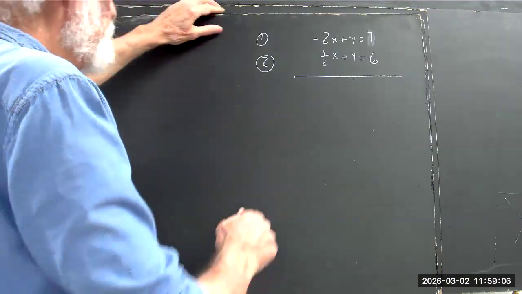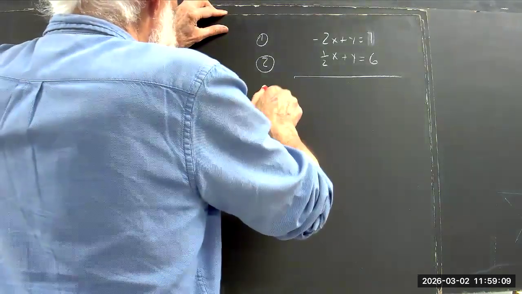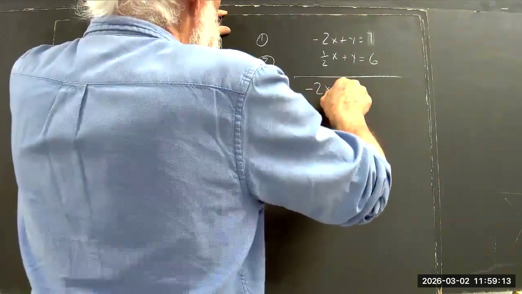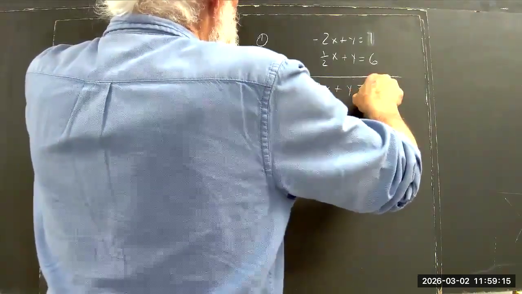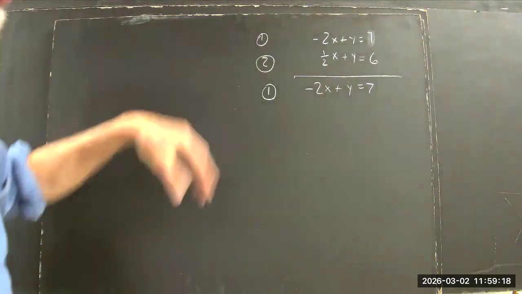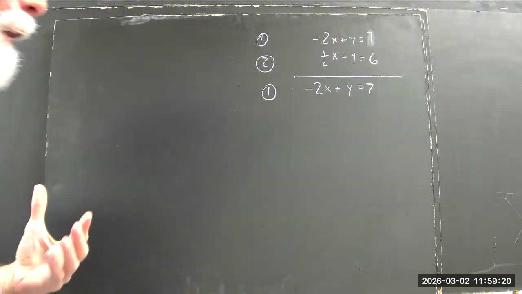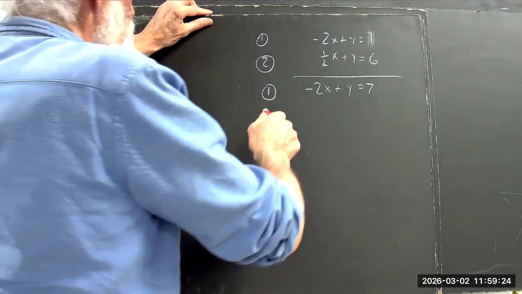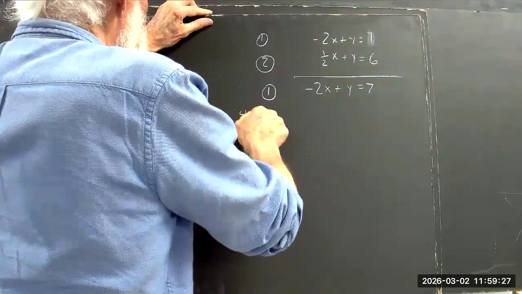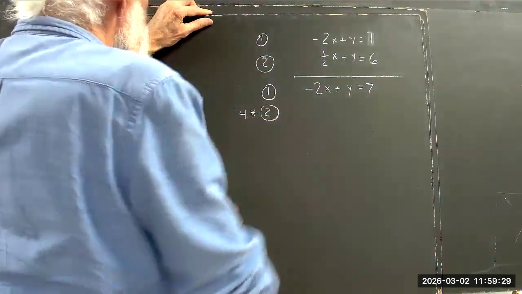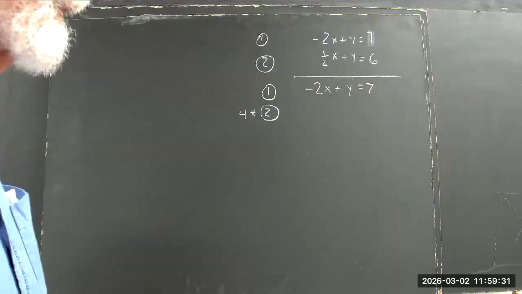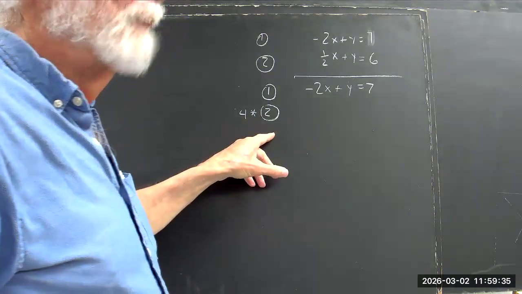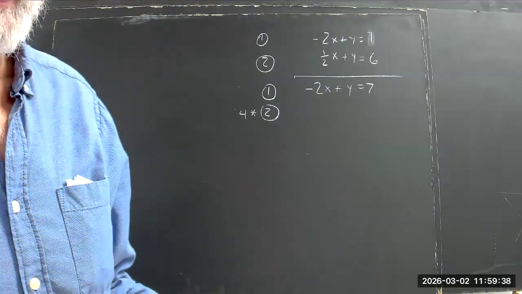I'm going to write the first equation again. I write negative 2x plus y equals 7. Not because I love writing out that equation, but you'll see how the form develops. I'm going to write below that 4 times equation 2, which means 4 times both sides of equation 2.